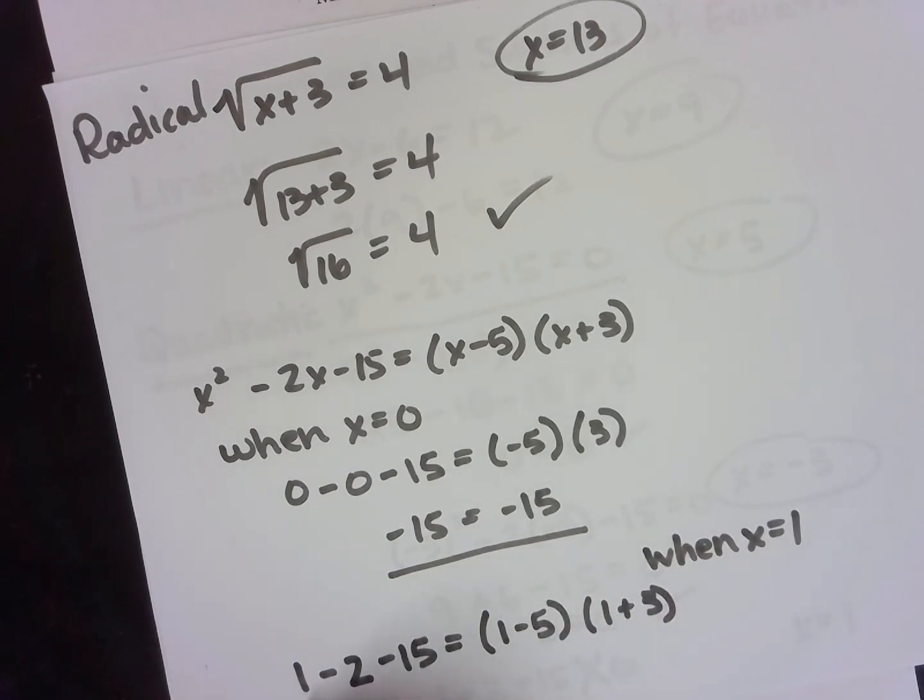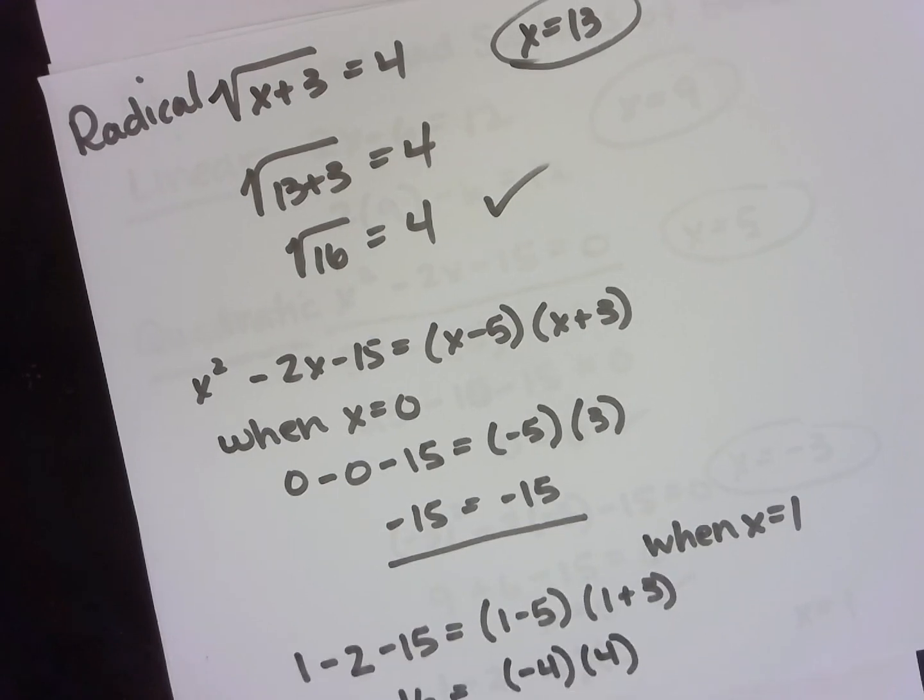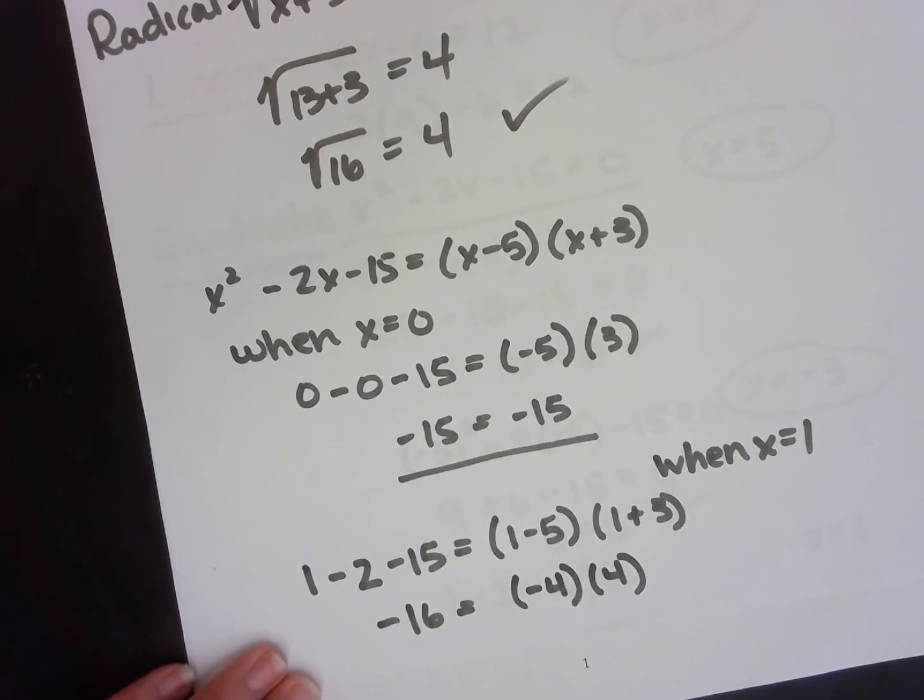So on this side I'm going to get 1 minus 2, which is negative 1, minus 15, which is negative 16. On this side I'm going to get 1 minus 5, which is negative 4, and 1 plus 3, which is positive 4. Negative 16 is equal to negative 4 times 4, which is also negative 16.